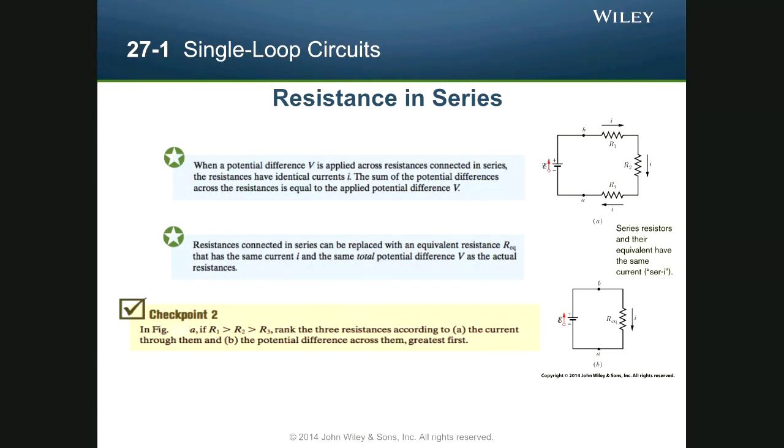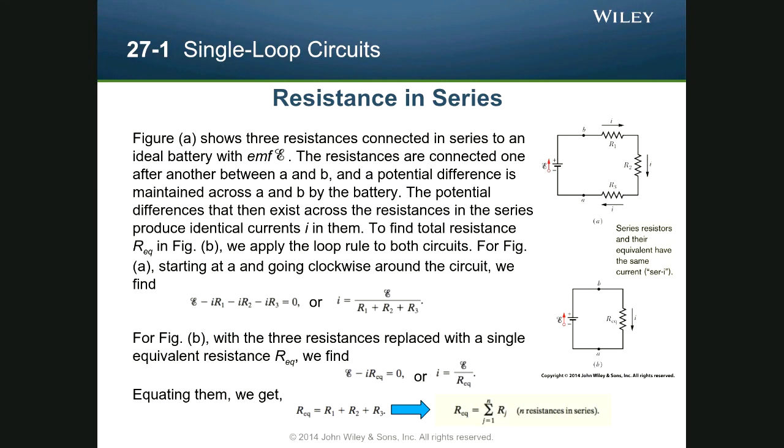And let's go back and take a look. We can sort of see that, right? Let's do one step in between here that will explain these steps a little further. So if we look at this, we have the EMF on one side, and we have the potential drop across resistance 1, plus the potential drop across resistance 2, plus the potential drop across resistance 3.